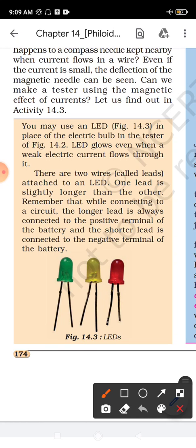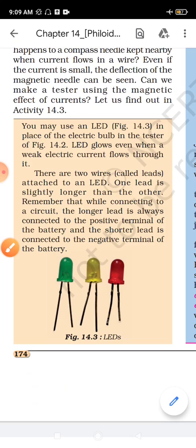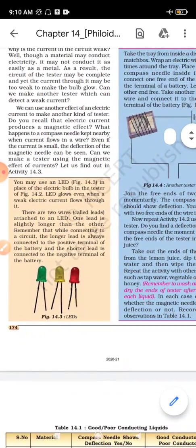That means this lead should be connected to the positive terminal and this lead to the negative terminal. So this is what we learn about the LED. Let us move to the circuit.